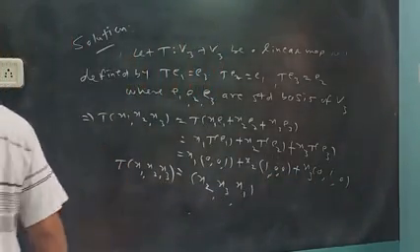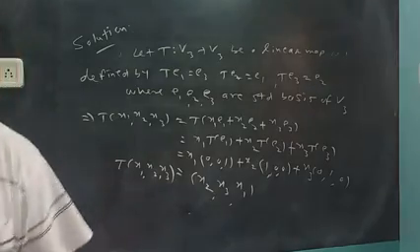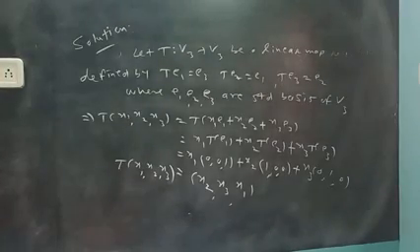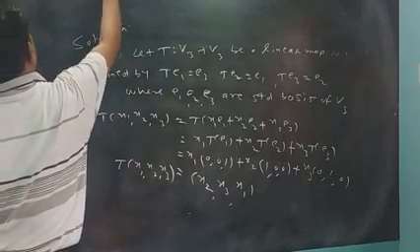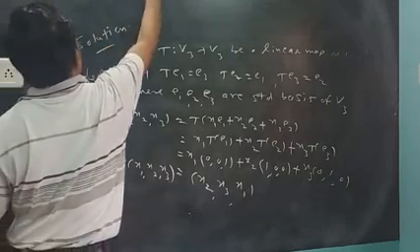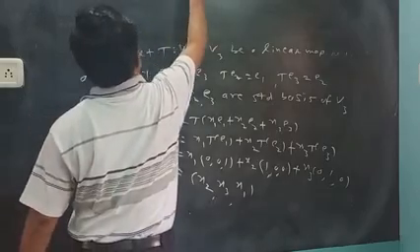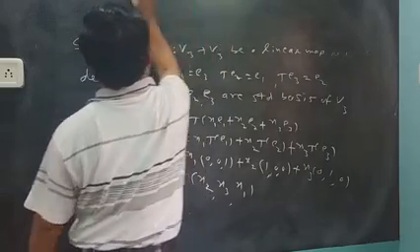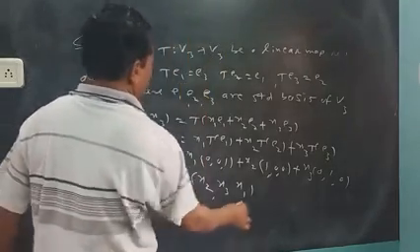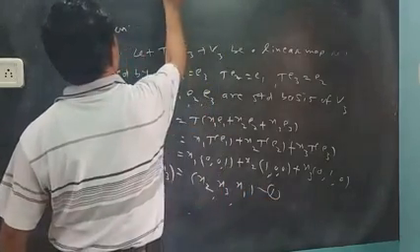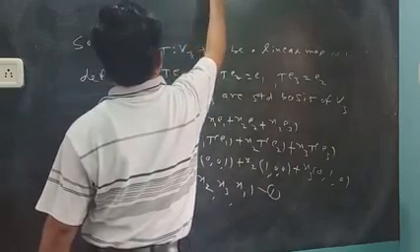Then what is T square? T square of x1, x2, x3 will be T of T of x1, x2, x3. So T of this, which is already known to us, is x2, x3, x1.